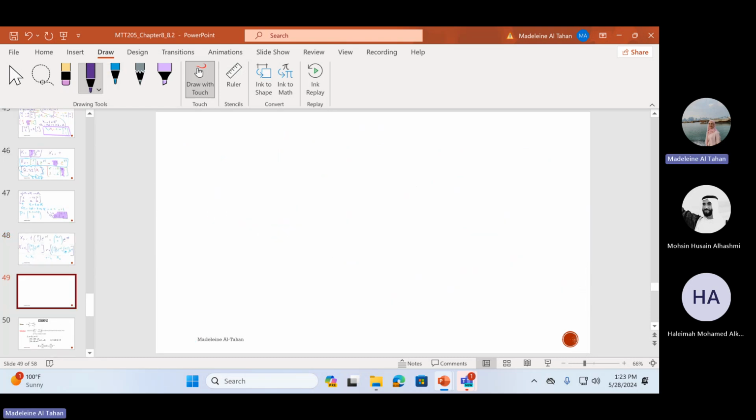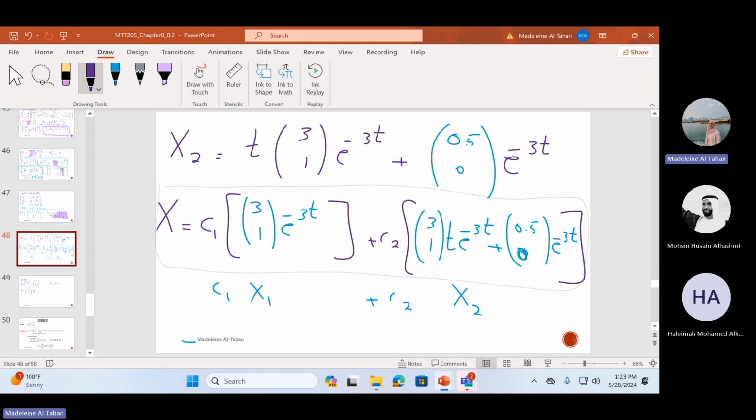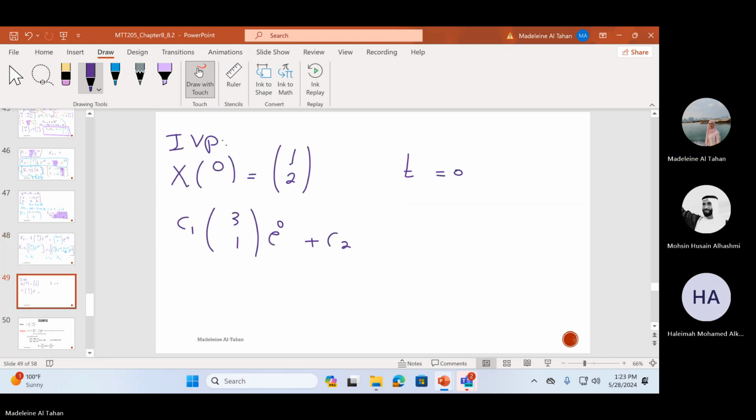Now we need to solve the initial value problem that we have. We set that x(0) is equal to (1, 2), right? So instead of t, what would we substitute with? 0. Substitute 0. What would we get from the first one? C1 times (3, 1) e^0, plus C2 times ((3, 1) times 0, plus (0.5, 0)) e^0.